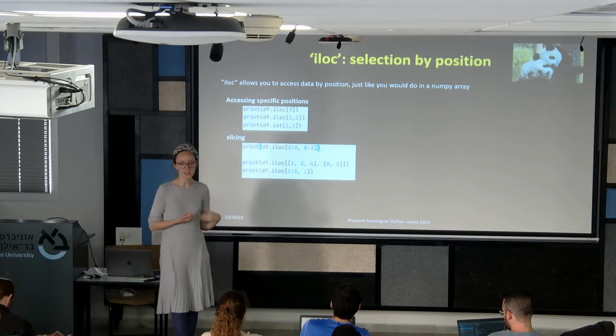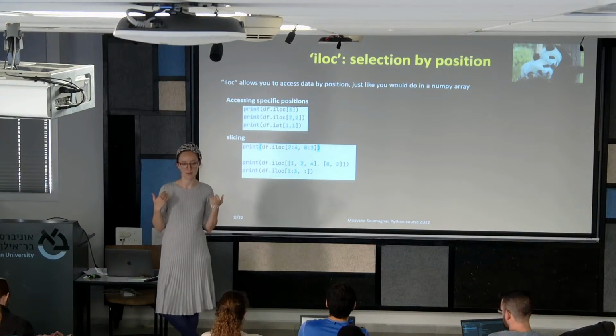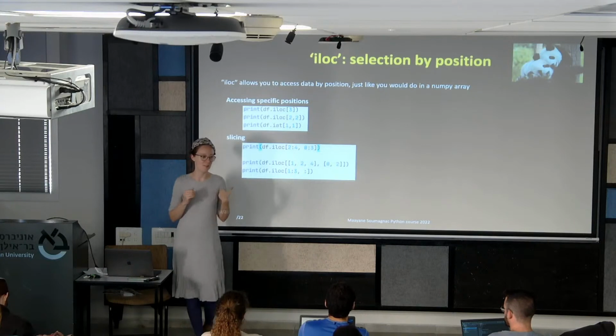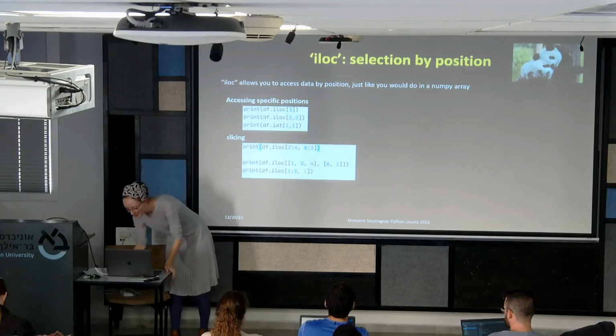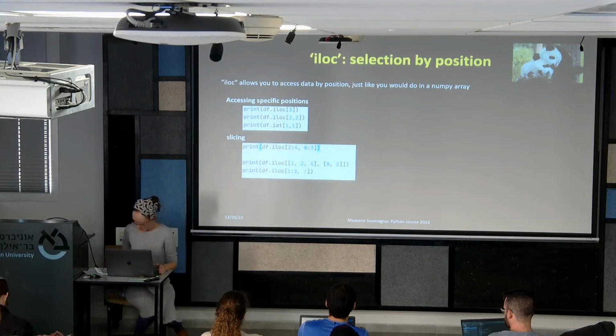So if you find yourself using iloc a lot, it probably means that you're not using pandas at the best of its capabilities. It probably means that you got used to NumPy arrays and you're trying to use pandas data like NumPy. Okay, so let's look at a few examples of loc and iloc.